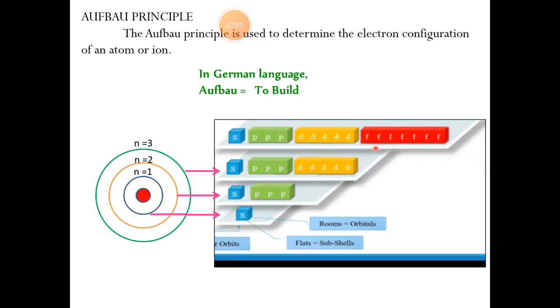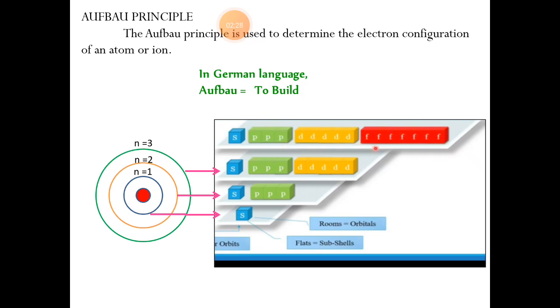These s, p, d, f are the 4 different subshells. Now here s contains 2 electrons, p contains a total of 6 electrons, d contains 10 electrons and f contains 14 electrons.